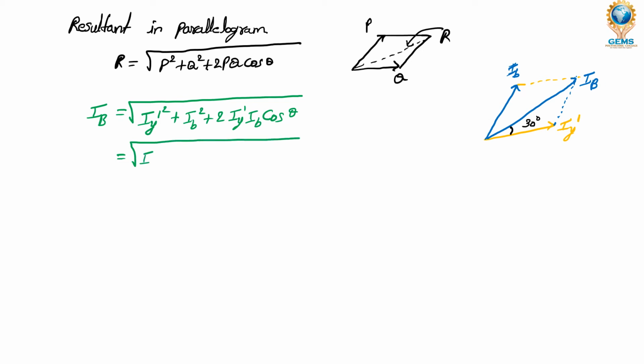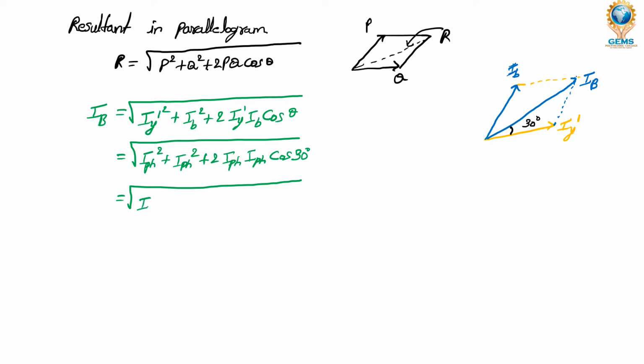So I phase square plus I phase square plus 2 I phase into I phase cos theta. What is the theta value? Theta has the value 30 degrees.